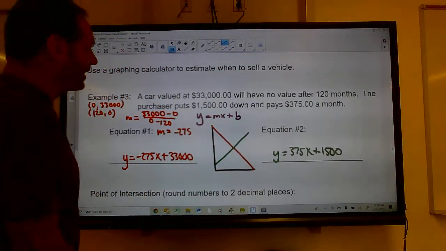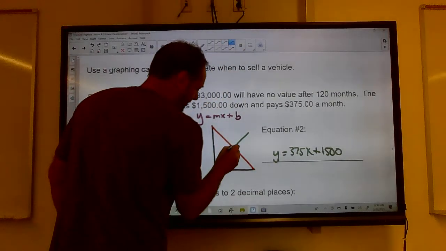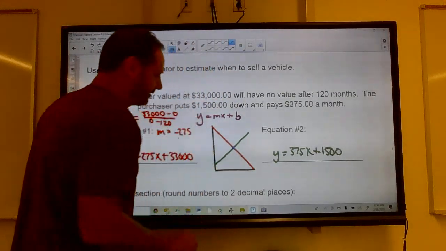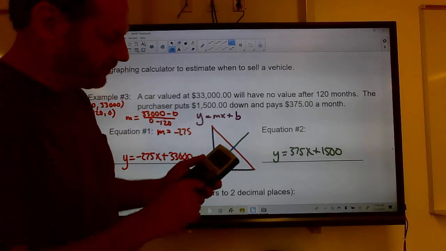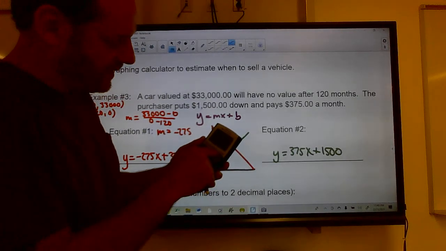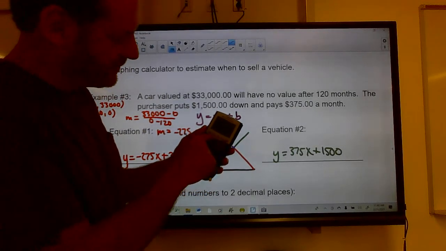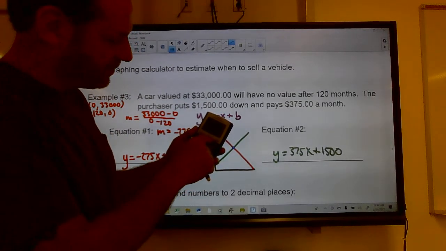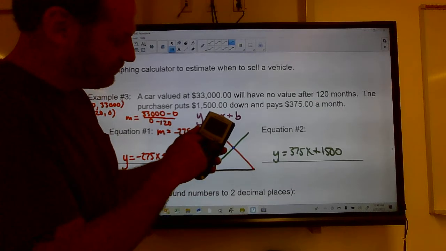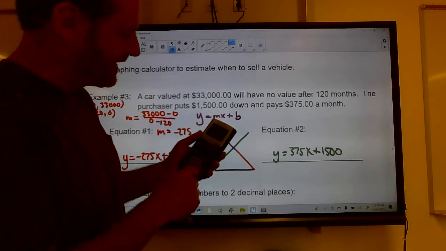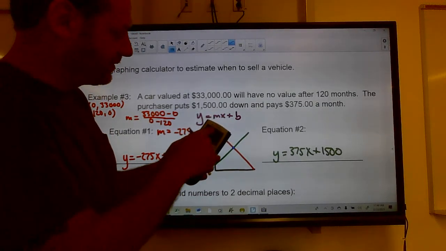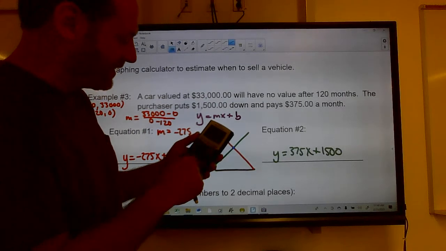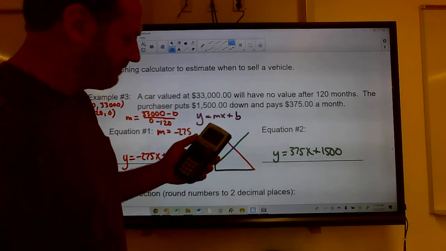All right, now I want to find that point using my calculator. If you look right here, there's a trace key, the fourth one from the right, and right above that it says calc. It's in blue, so you push the blue second key, then calculate, and down at number 5 is intersect. So you hit 5.